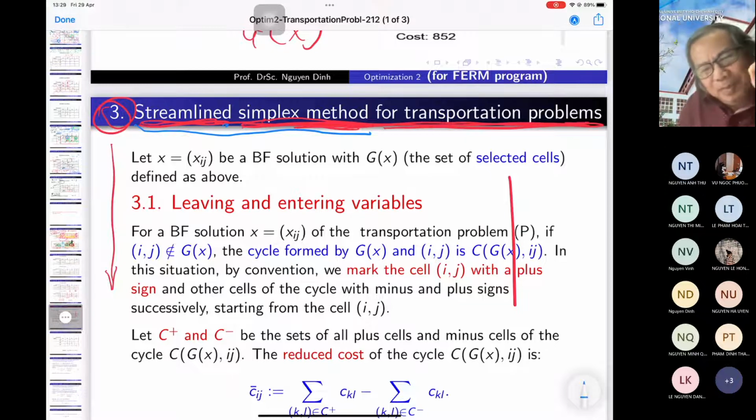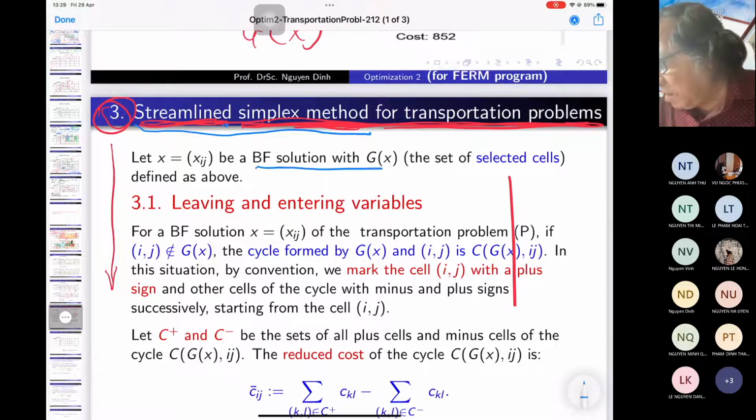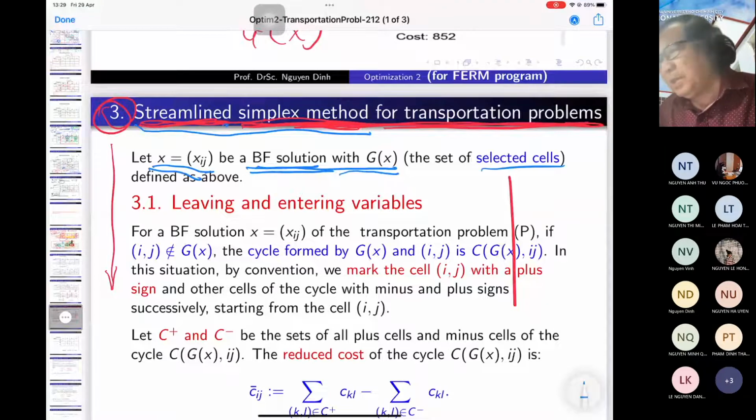And so for the simplex method, we need an initial basic feasible solution. We always need a basic feasible solution. Suppose that X, like this, is a basic feasible solution, with Gx the set of selected cells given first.